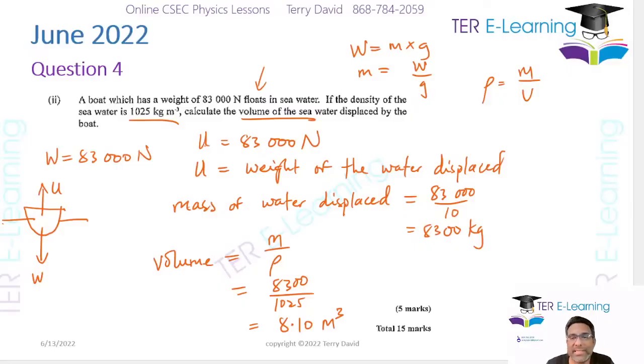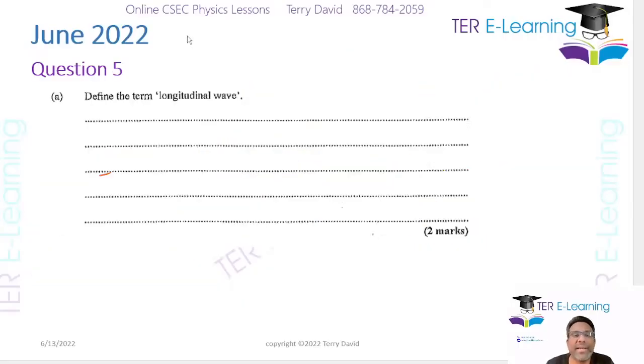Next question, question 5. Define the term longitudinal wave. So we did this the night before. If you have a wave that is moving this way, and the particles in the wave, if they are oscillating like this, then that's a longitudinal wave.